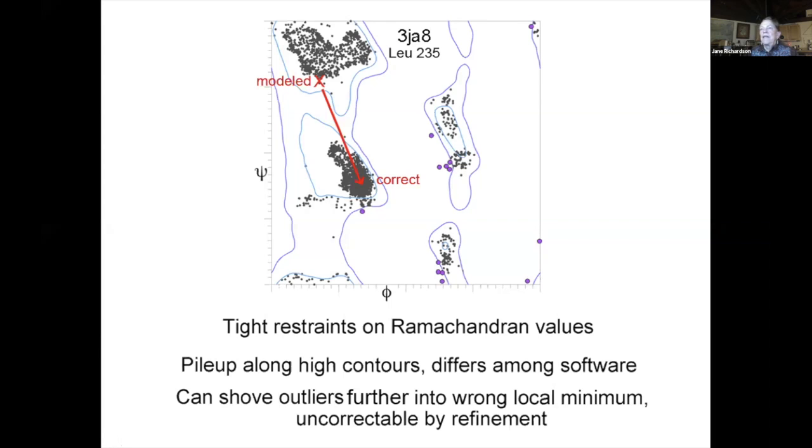And so this is one of the real reasons for trying very hard to be able to make as many corrections as possible right at the beginning on your first reasonably complete model. And that's still not easy to do. It's getting a little better, but it really is worth doing before you refine Ramachandran. And my advice would be, don't use Ramachandran restraints, use hydrogen bond restraints.